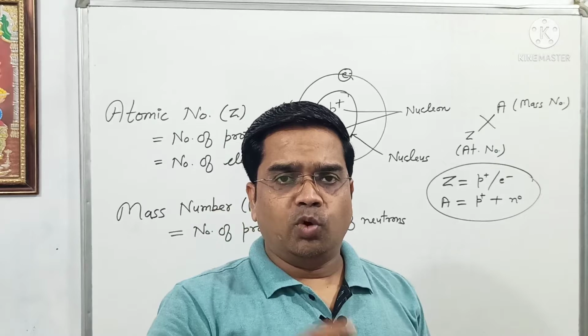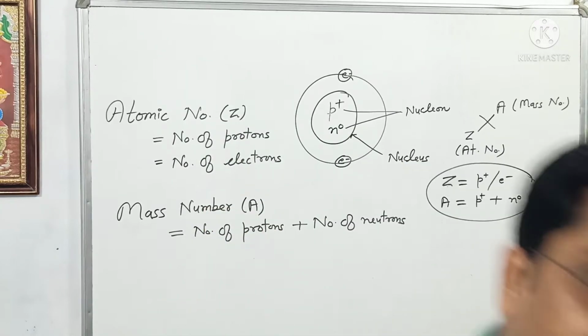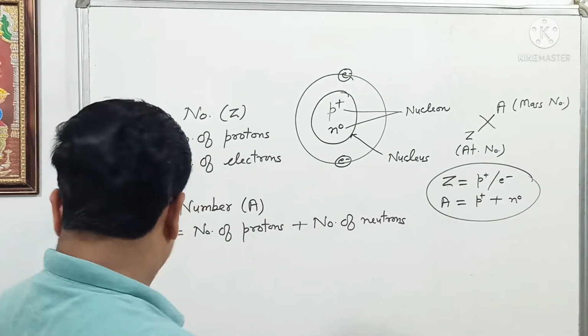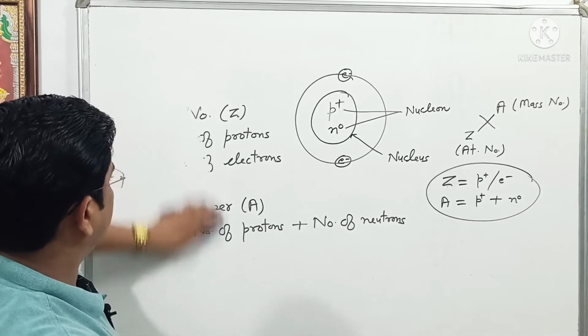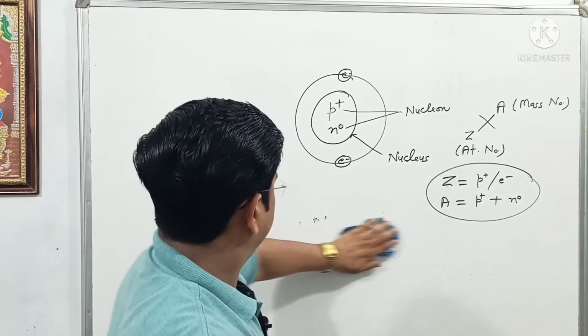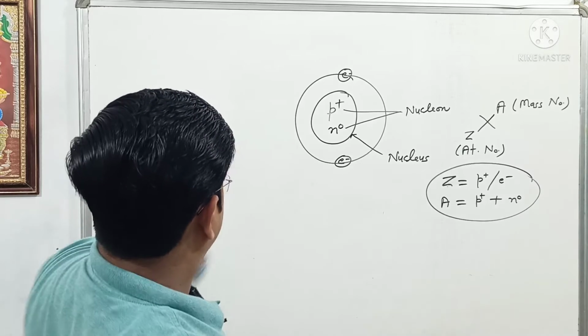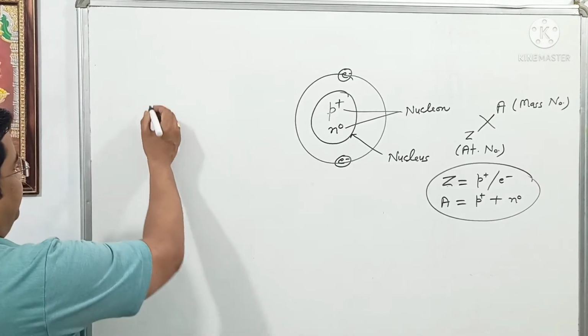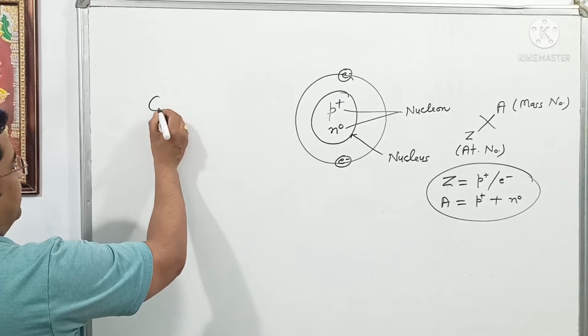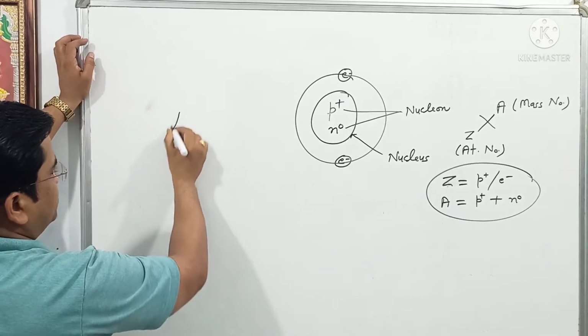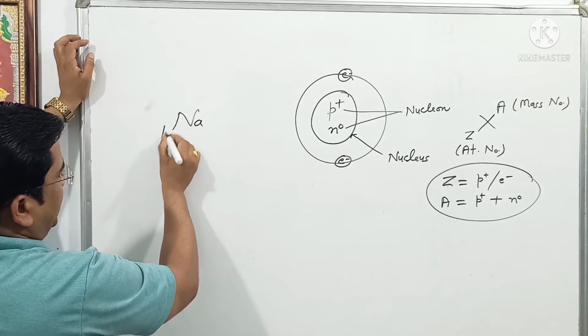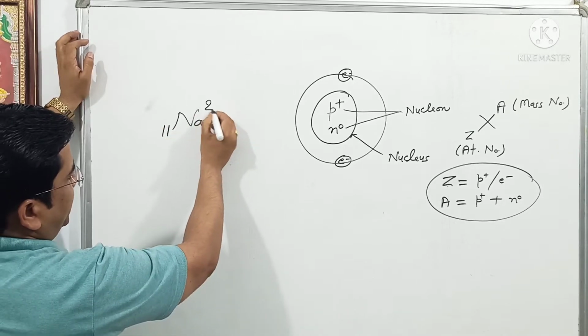After that I am going to write the atomic number and mass number of some elements. Friends, just watch here. If you take the example of sodium, just look here friends. Atomic number 11, mass number 23.